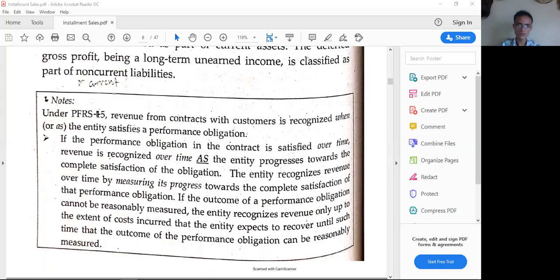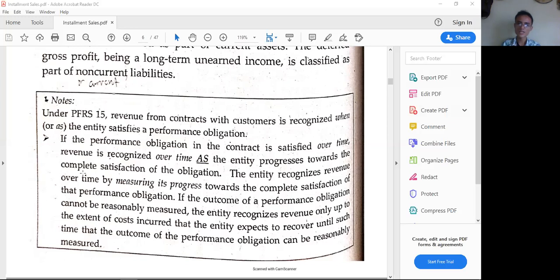Okay, so here are the notes. Remember, if this is PFRS 15, we are going to apply the 5 steps in the new revenue recognition model. First, identify the contract with the customer. Second, identify the performance obligations in the contract. Third, determine the transaction price. Fourth, allocate the transaction price to the performance obligations.